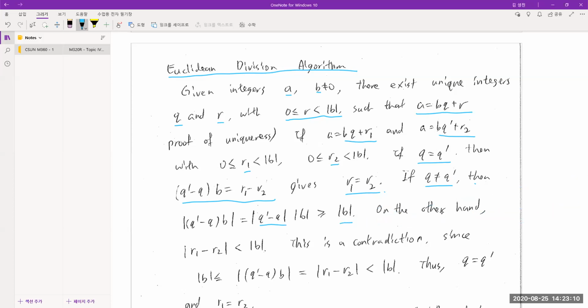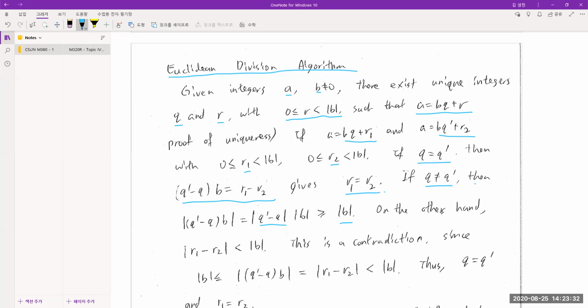On the other hand, r1 and r2 are both remainders, so they both satisfy the inequalities. If we take the difference between r1 and r2, it cannot be at least the absolute value of b; it should be less than the absolute value of b.